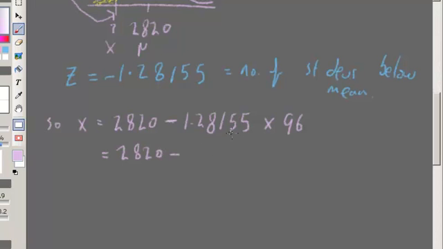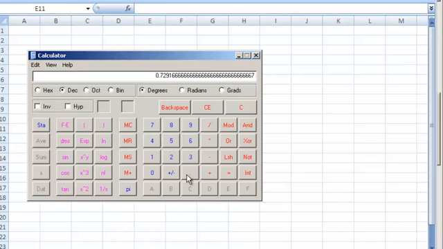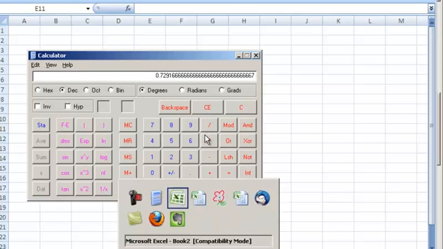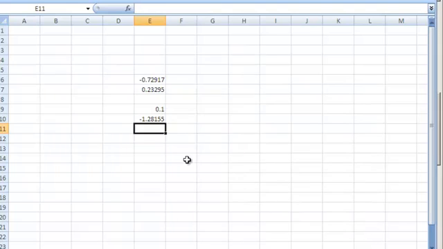So minus 1.28155 times 96 is minus 123.0288.